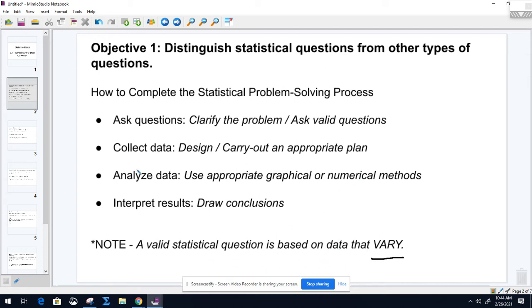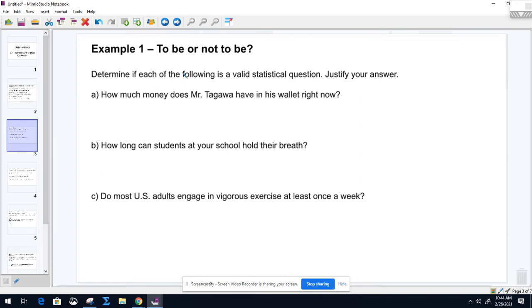Okay, so let's take a look at a couple of questions here on whether or not they are valid statistical questions. So determine if each of the following is a valid statistical question. Justify your answer. How much money does Mr. Tagawa have in his wallet right now at this very moment? Okay, so is this a valid question? And the answer to that is, because it's only a one-time thing, we want to know right now, that this is not valid.